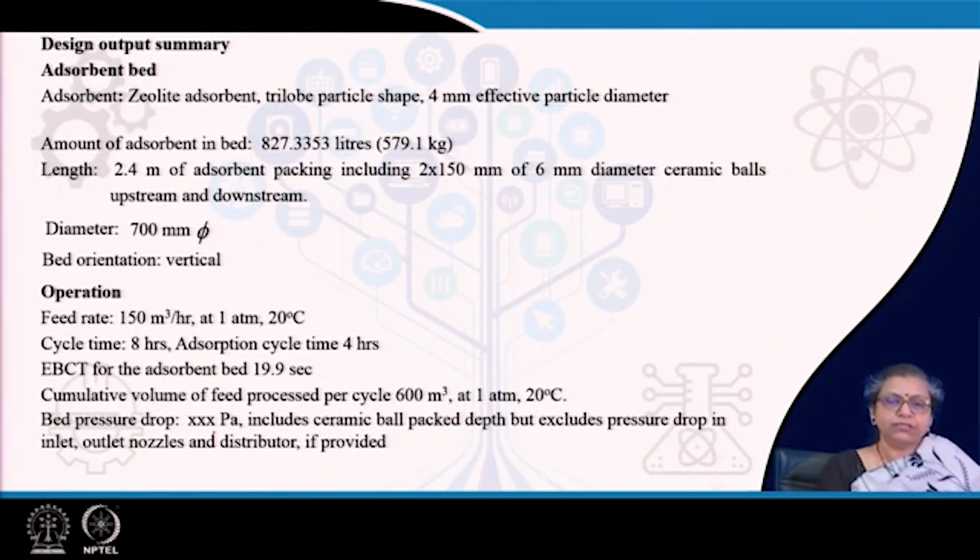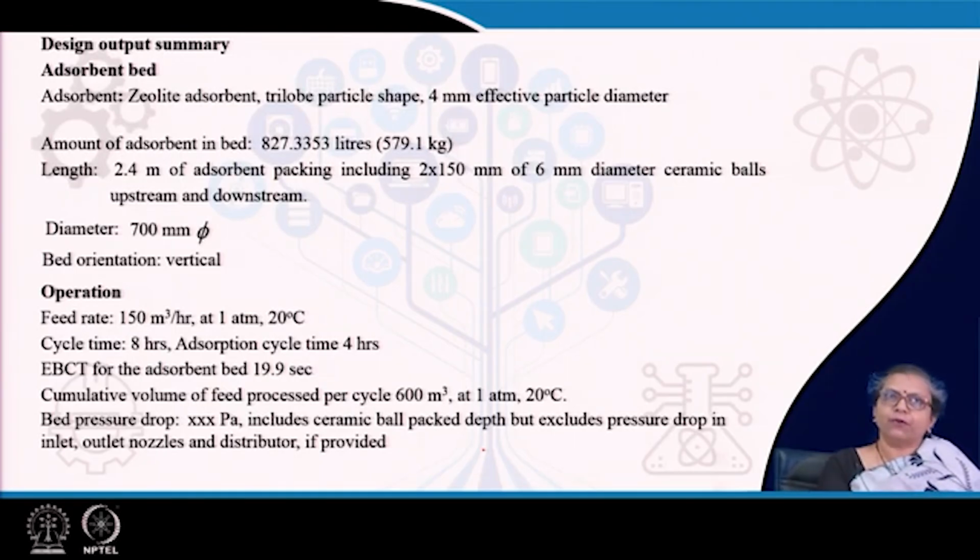After it was completed, the design summary has been put up in this form, where the total amount of adsorbent, the length and diameter, etc., are all there. The only thing remaining is the design of nozzles etc., which we will take up when we go for the discussion on pressure vessels.